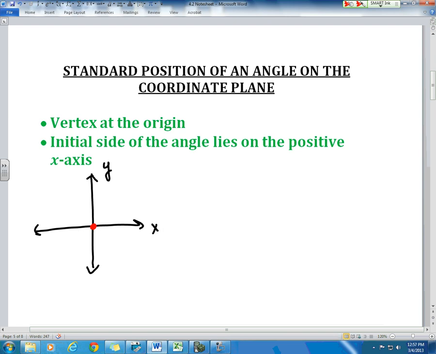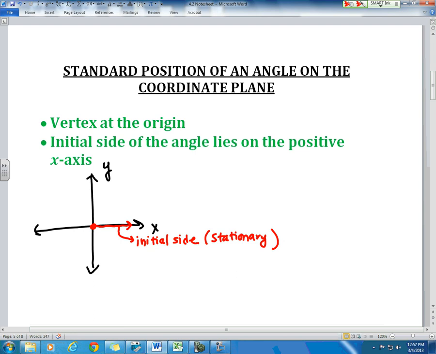One of our rays is going to come out along the positive x-axis. That's going to be called the initial side, or the initial ray. That ray is going to stay stationary. There's no rotation to that ray at all. The other ray, which is called the terminal side, is going to be the ray that moves.